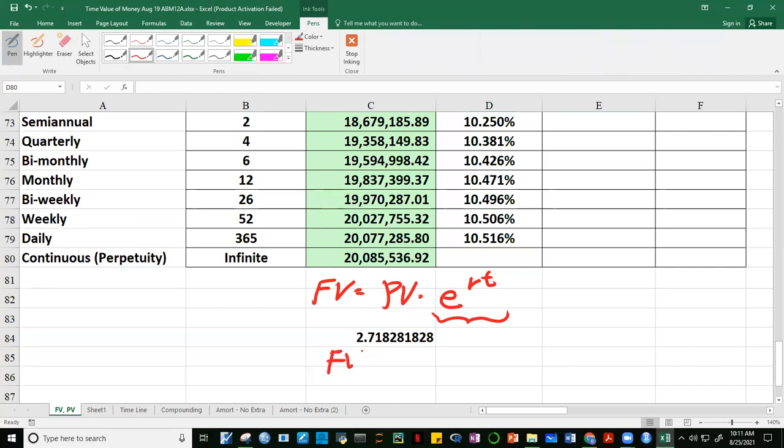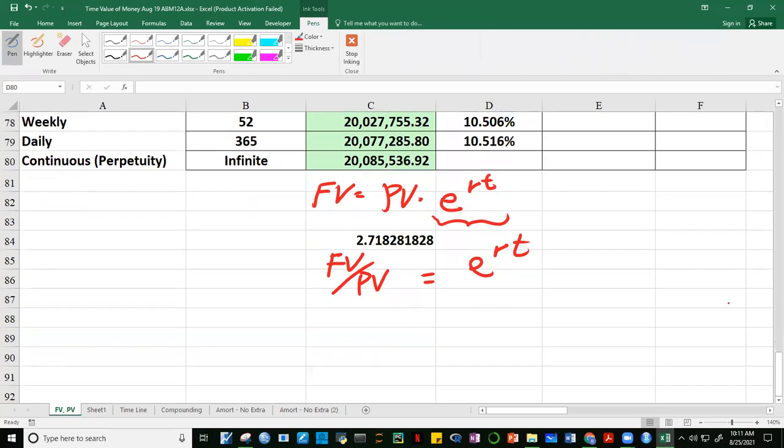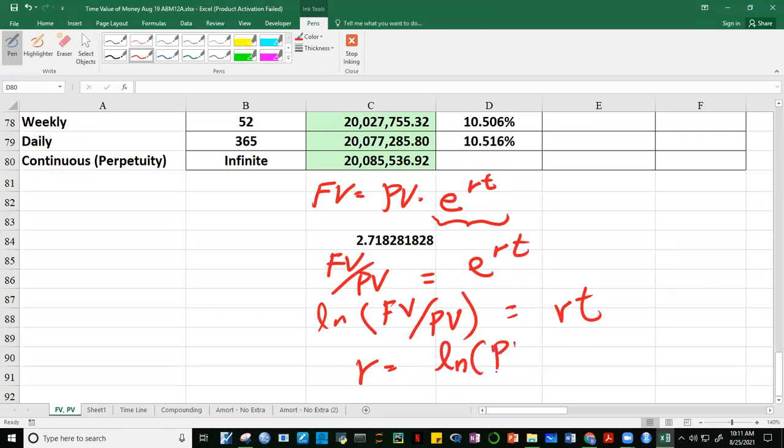So FV over PV is equal to e to the rt. Okay, therefore, I'm going to get the log of this, ln FV over PV is equal to rt. R is equal to ln of FV over PV. Dali guys nag-konting math lang ako, no? Over T.